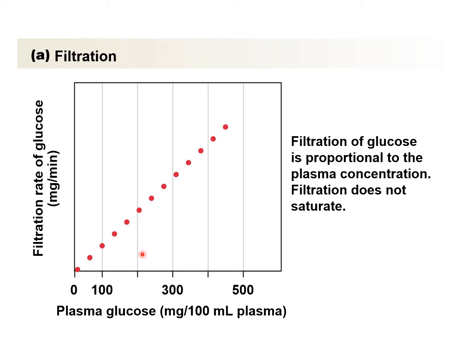It's basically a one-to-one situation. The more you have in the blood, the more filters. And there is no limit here because this is a physical process. It doesn't require an enzyme or something to facilitate the lowering of activation energy.